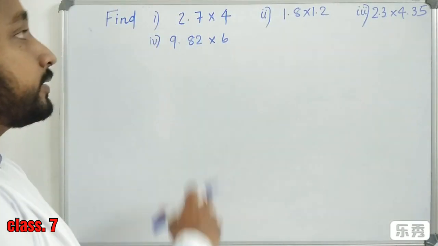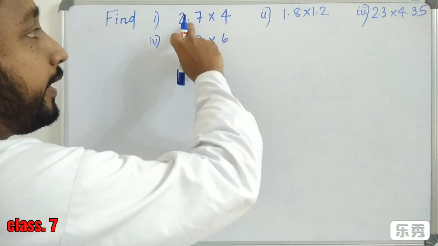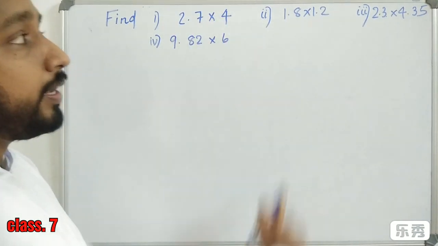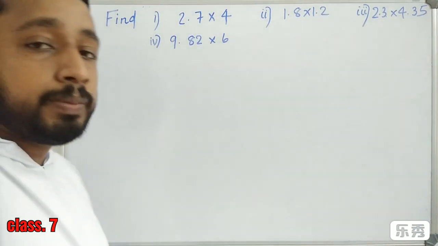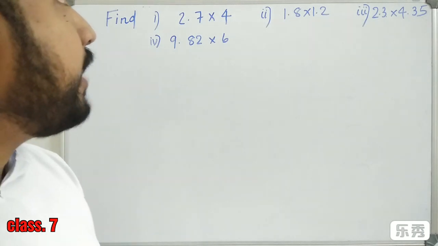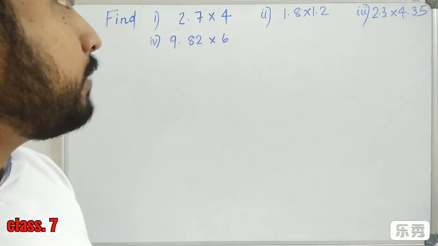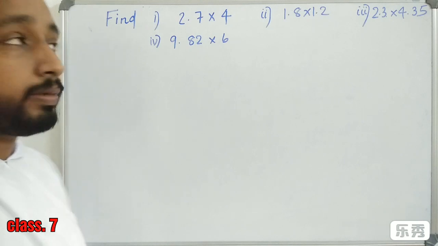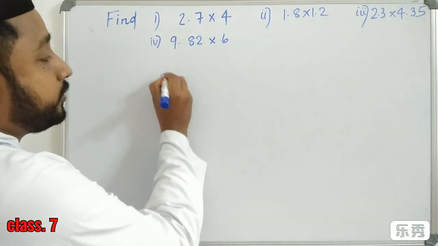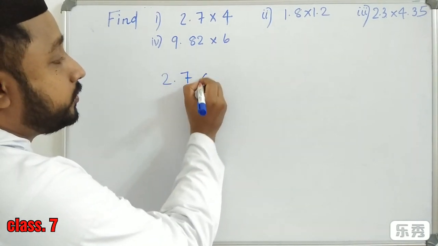Now let us discuss how we can multiply a decimal number with a whole number and a decimal number with a decimal number. First question, 2.7 into 4.